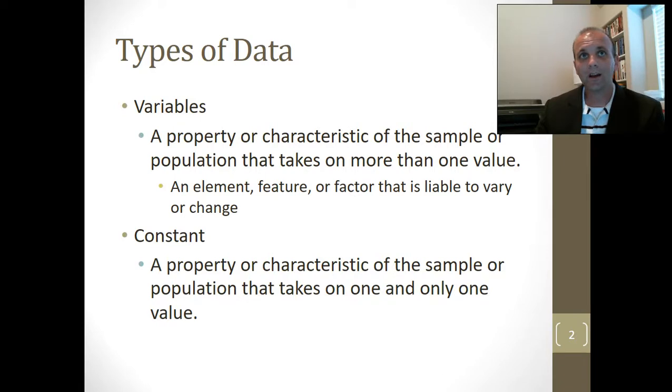So things that we measure in statistics and social sciences and all sciences, we look at variables and constants. Those are the types of data we're generally inundated with. A variable can be anything from gender to age. It just depends on that type of measure.